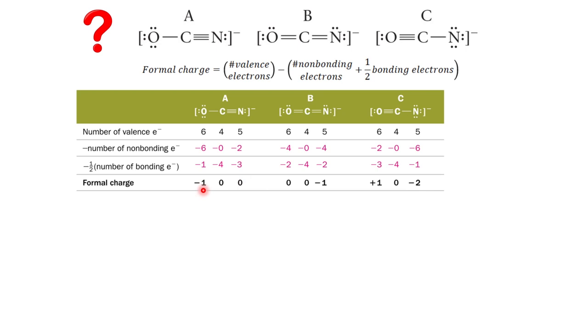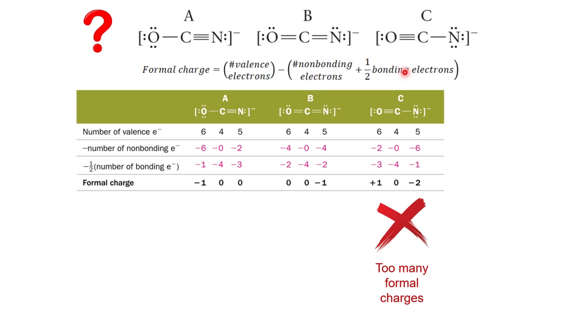You'll notice that the charge on this whole ion is a -1. And so if you add up these formal charges, you get -1. Same for B and same for C. So we've done them correctly, but now we have to decide which one is the better one.